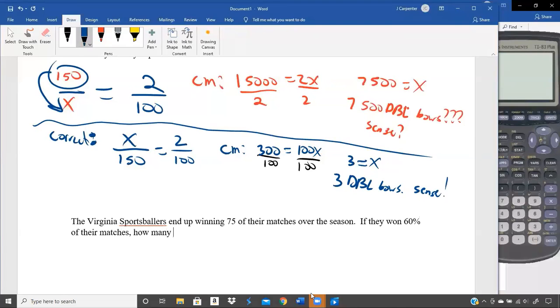How many matches did they have? So clearly this is our tennis skitball team. They won 75 games and they won 60% of their games. How many matches did they have though?